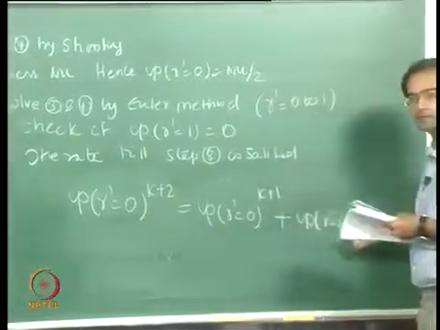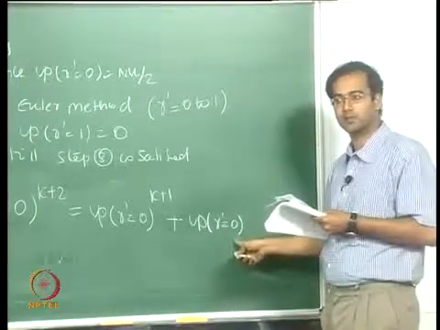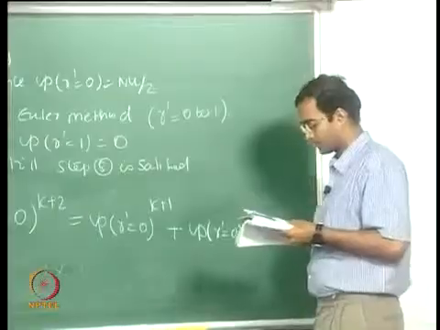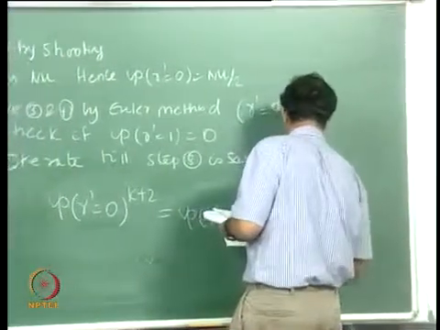So this minus 0 should be 0, right? Oh sorry, r prime equal to 1.